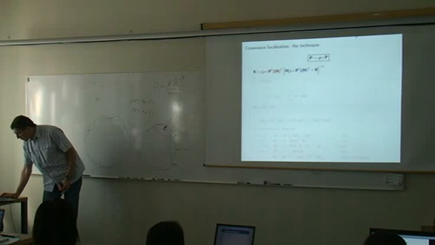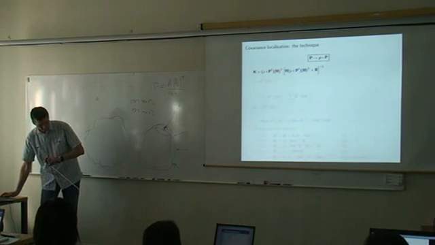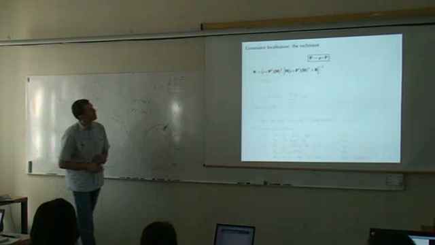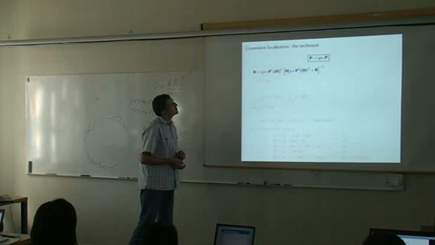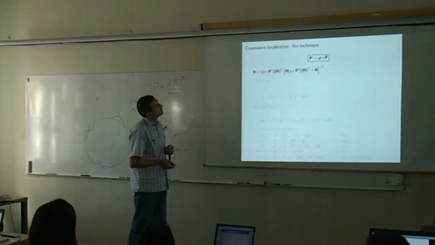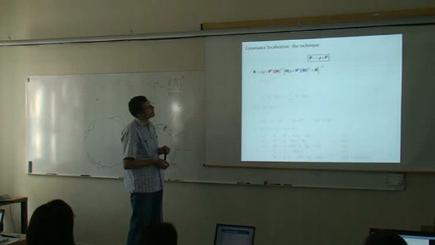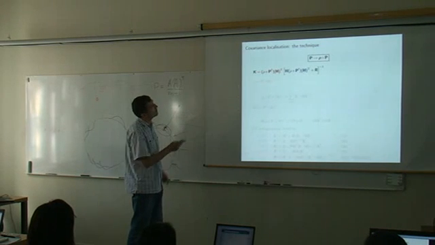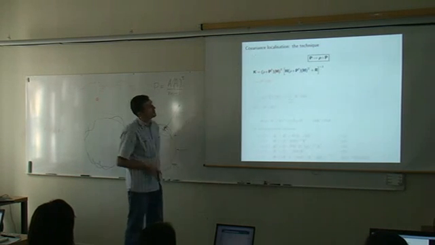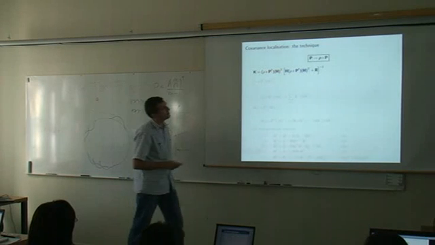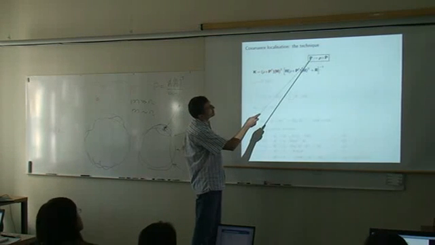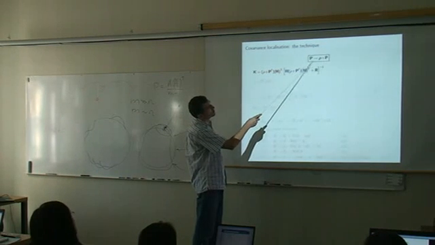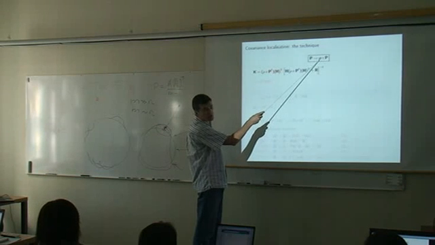So now I will describe how these both techniques actually work. As I said, I will start with the covariance localization method. It works by replacing the actual covariance by the Schur product with the correlation matrix.